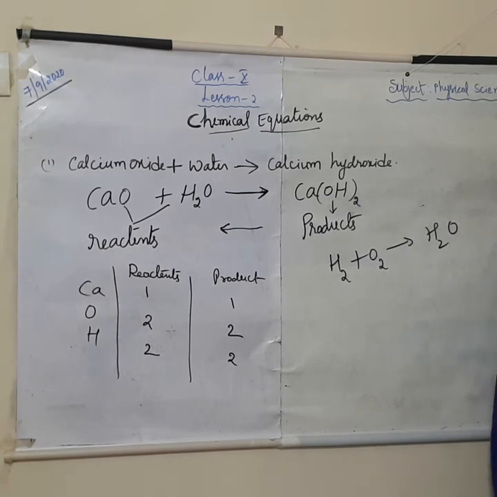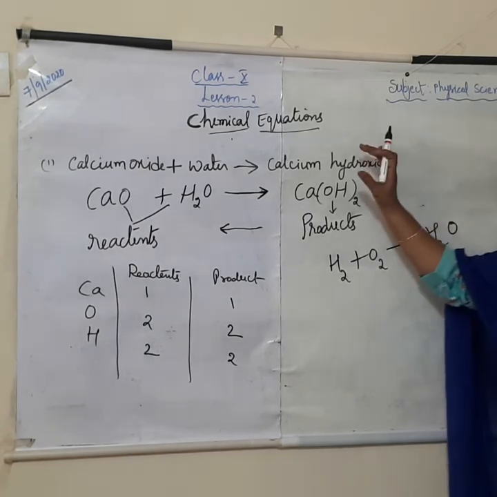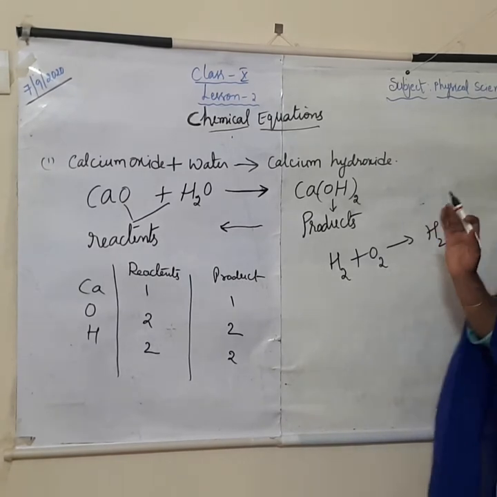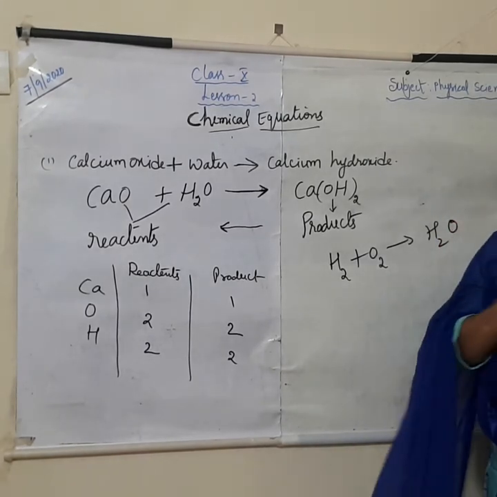Here hydrogen is 2 and here 2, oxygen is 2 here but only 1 here. Here the number of atoms on the left hand side is not equal to the number of atoms on the right hand side. So when writing a chemical equation, you must check that the number of atoms is the same.